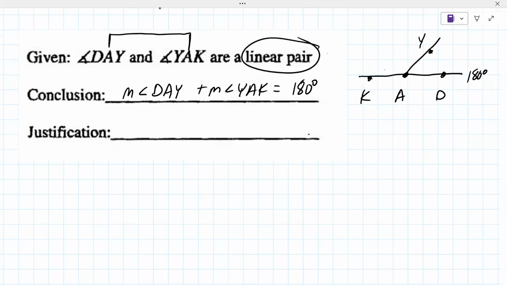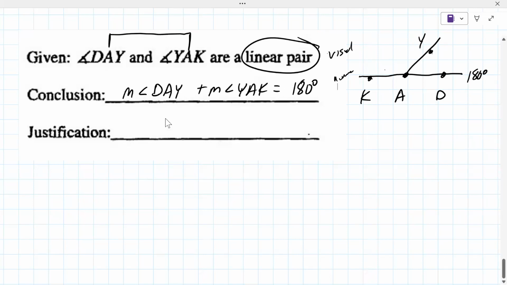One is like a visual, and the other is numeric, or like an equation. So in this course, you can't just say the measure of DAY plus the measure of YAK equals 180. You have to first say that they're a linear pair. And since they're a linear pair, that means their angle measures add up to 180. Is that okay? Yeah.